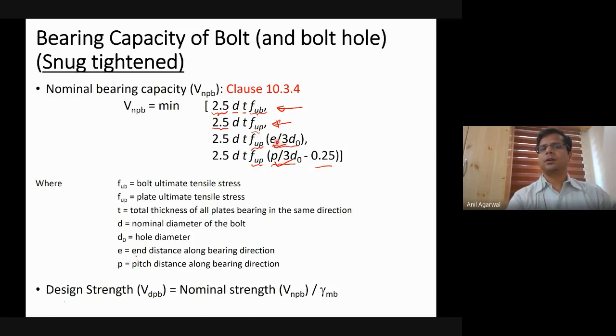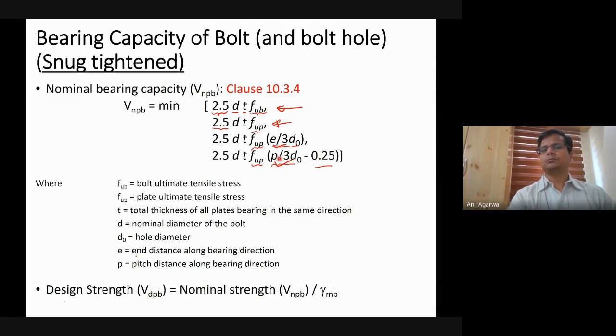So if E is equal to 3 times the diameter of the hole, then this factor becomes same as the plate bearing capacity. So basically, if your edge or end of the plate is at least 3 times the diameter of the hole away from the center of the hole, then you don't have to consider the edge effect or end effect. Okay.